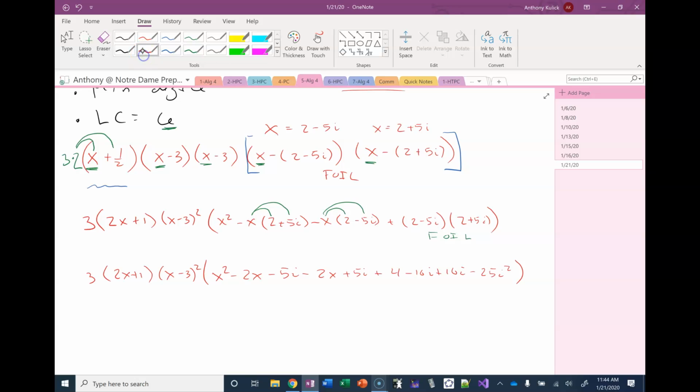If we go to combine our like terms, notice that I have a minus 5ix and a plus 5ix. Those cancel out. I have a minus 10i and a plus 10i. Those cancel out. And we remember that i squared is equal to negative 1.